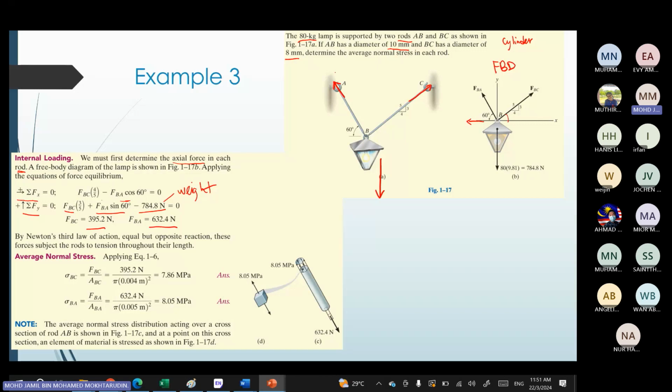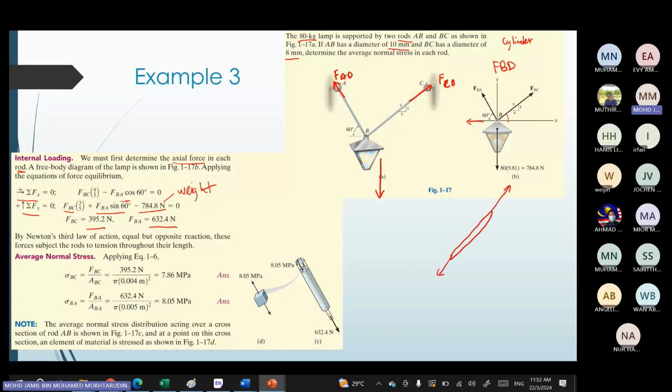so the forces FAB and FBC, or CB, will cause the rod to be pulled. Okay, it is pulled, meaning the rod will be stretched, or there is tension.